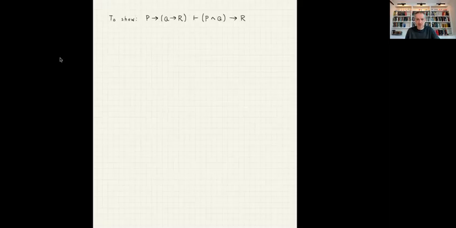The sentence if P then, if Q then R is logically equivalent to the sentence if, in parentheses, P and Q then R. We argued in the previous exercise from the right-hand side, from if P and Q then R to if P then, if Q then R. Now we're going to go the other way around. Okay, so again, we assume the premise, if P, then if Q, then R. That's just our standard format for the rule of assumptions there.